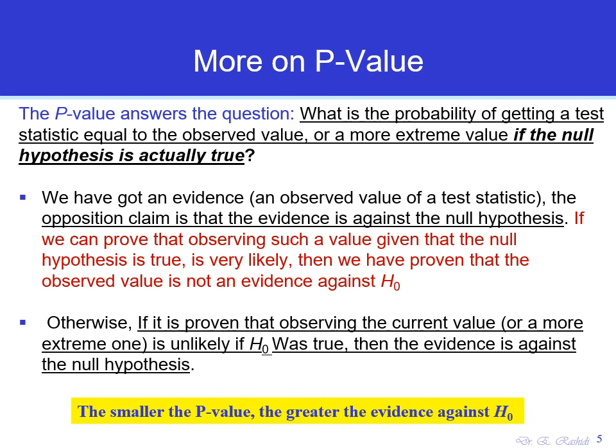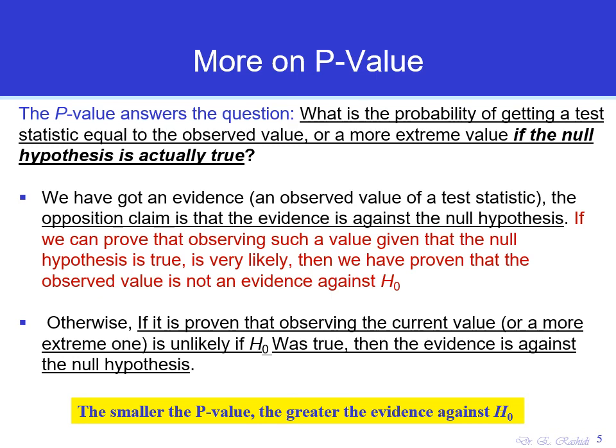So if the probability of getting a test statistic equal to the observed value, or a more extreme one, is low, then that makes the observed value a shock, a surprise, evidence against the null hypothesis being true. So we would have to reject the null hypothesis if it is unlikely that we would get the observed value of the test statistic.